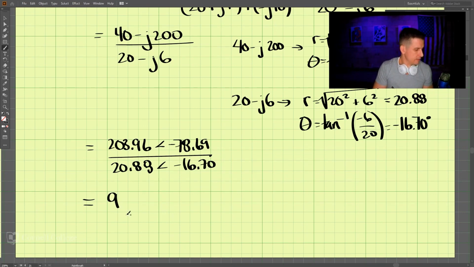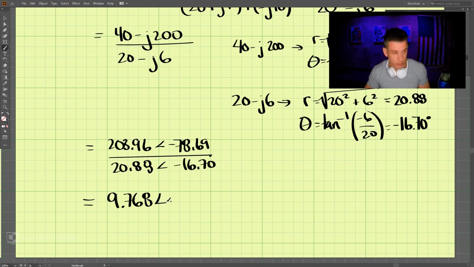That is 9.768 at an angle of 78.69 plus 16.7, at negative 62 degrees.